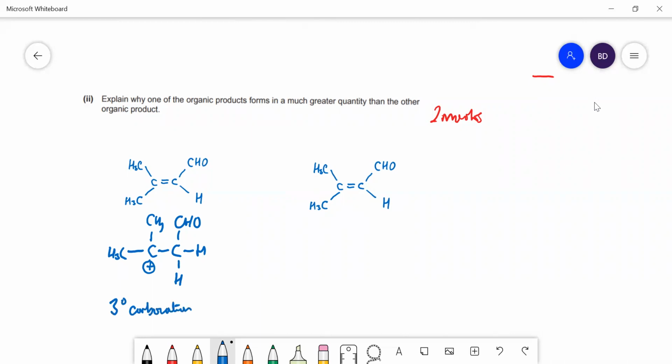To form the minor product, what happens is you stick the hydrogen on the other carbon, so it sticks there. And we've got the carbocation there. That is a secondary carbocation, which is less stable than the tertiary, so it doesn't form as much.